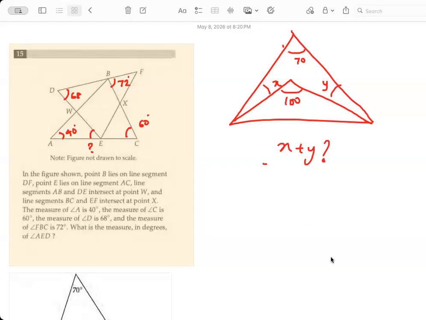Did you guys get it? Dhruv and Ananya, your answers are differing.